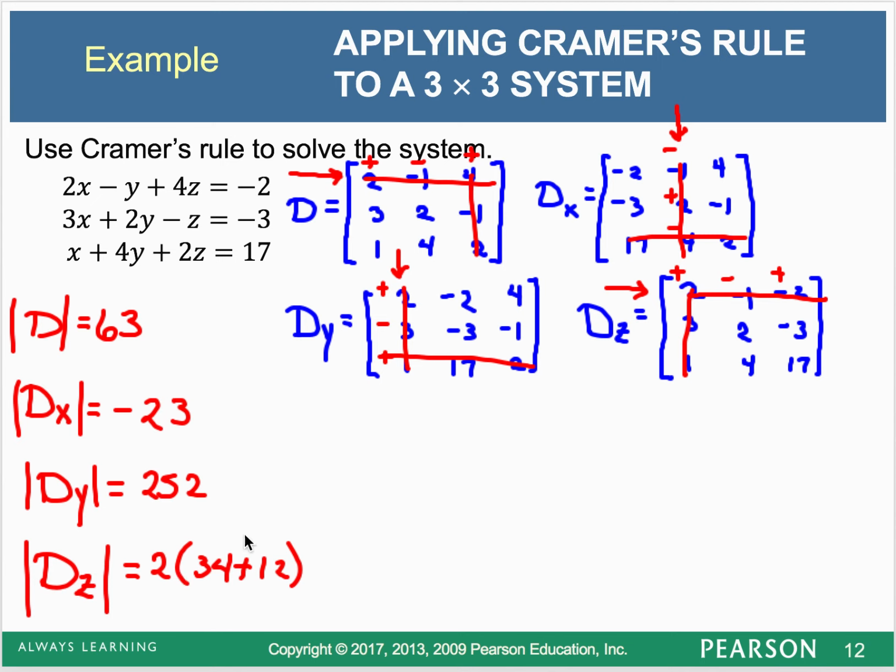I'm just writing it out like that for emphasis. And then plus 1 times 3 times 17, so 51 minus 3, 51 plus 3.